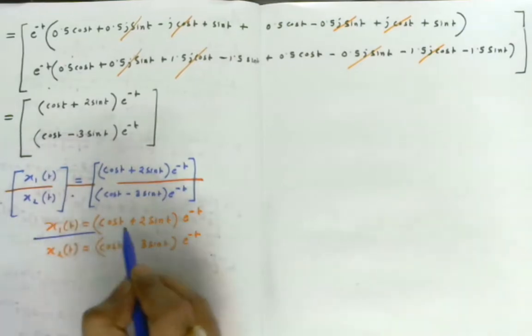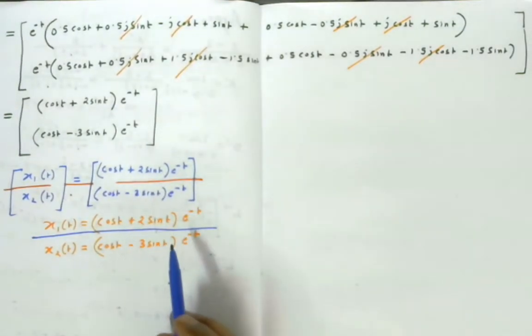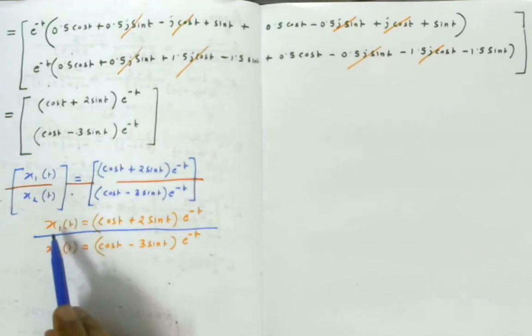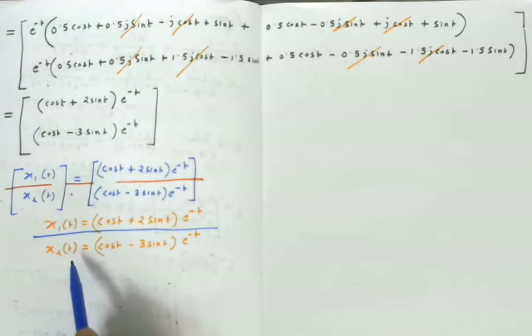These are the solutions which I have found mathematically. The solution is always in the time domain. So x1(t) is the first solution, and x2(t) is the second solution, where x1 is the first state variable and x2 is the second state variable.